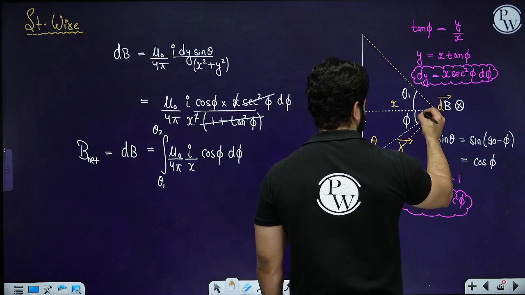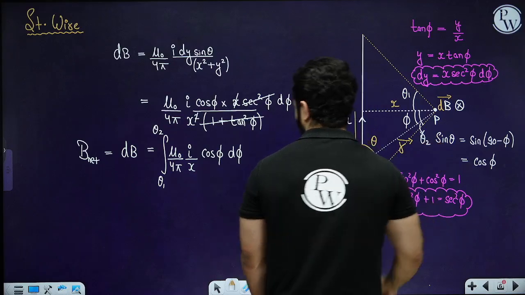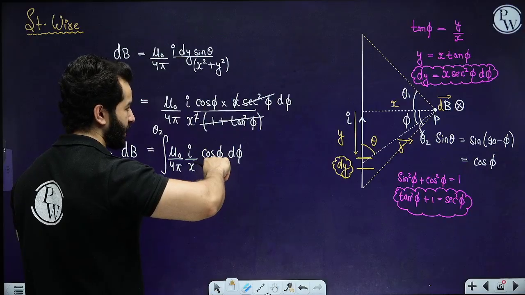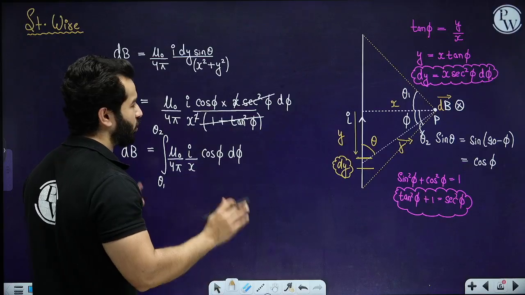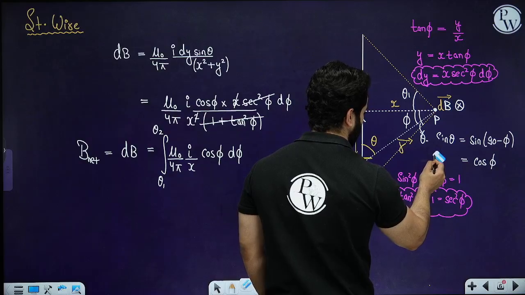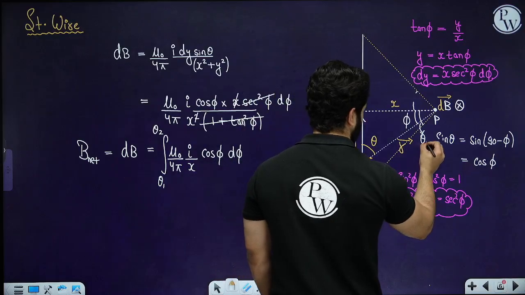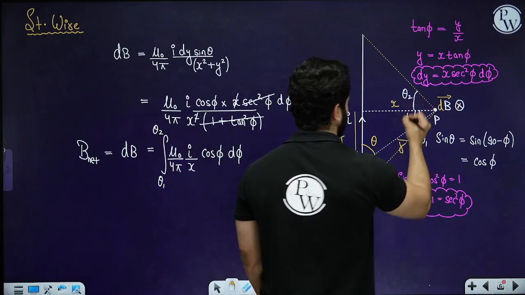So I'll integrate it from theta 2 to theta 1, right? Although usually we see this is theta 1 and this is theta 2, so I'll write it something like that.